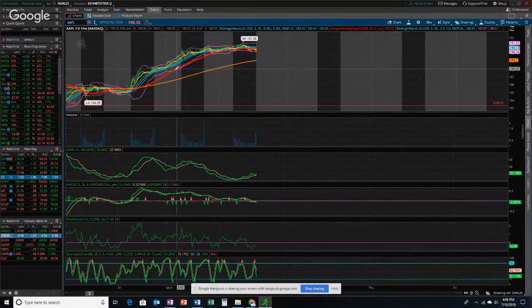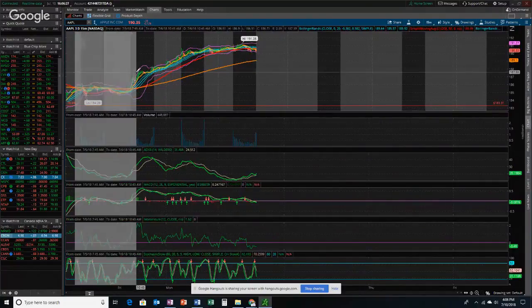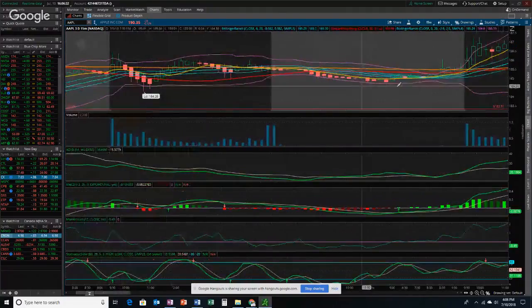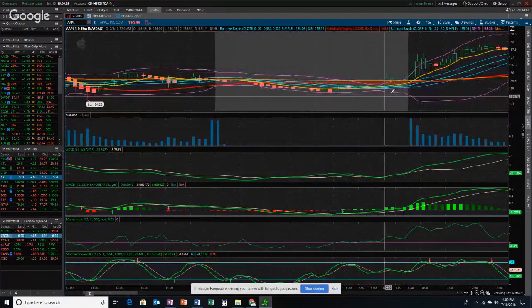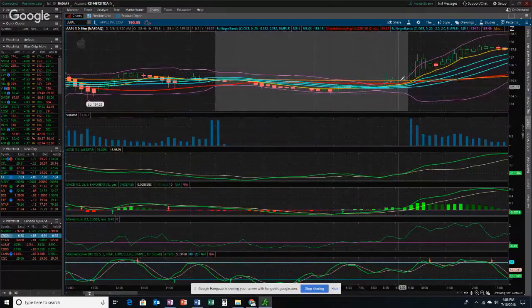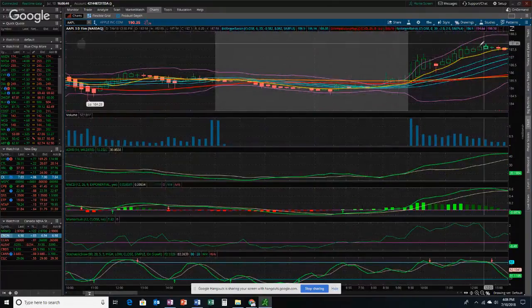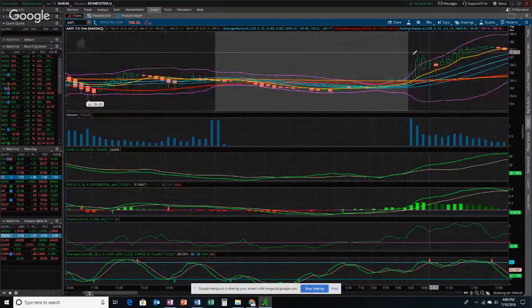In order to make your scanner, you want to look at the criteria of things that happened before that move happened. So I would want to look at my indicators and say, okay, what's happening right in this area before this move starts?